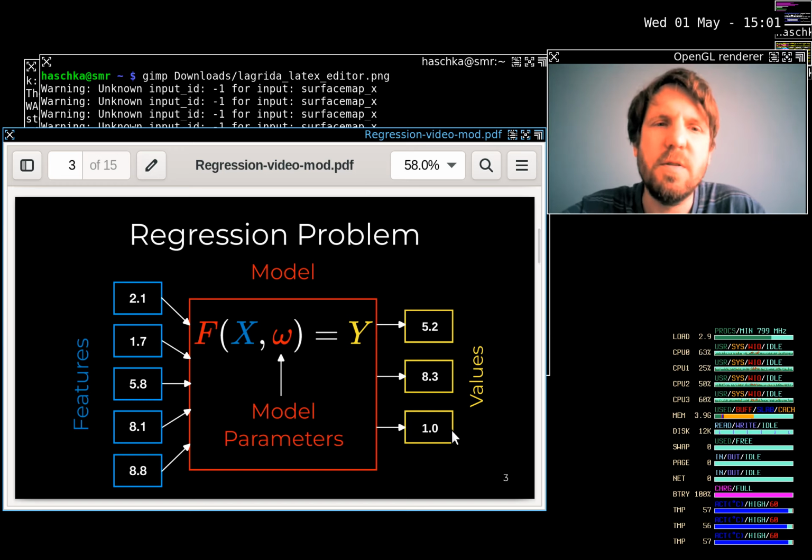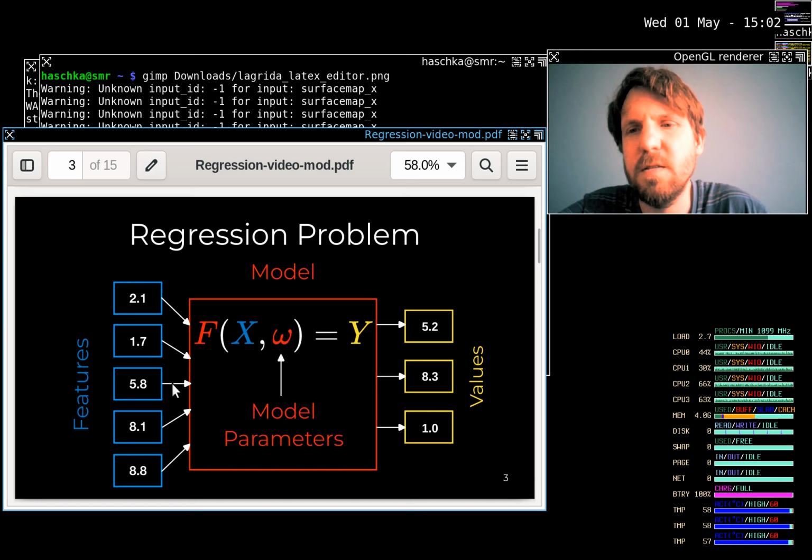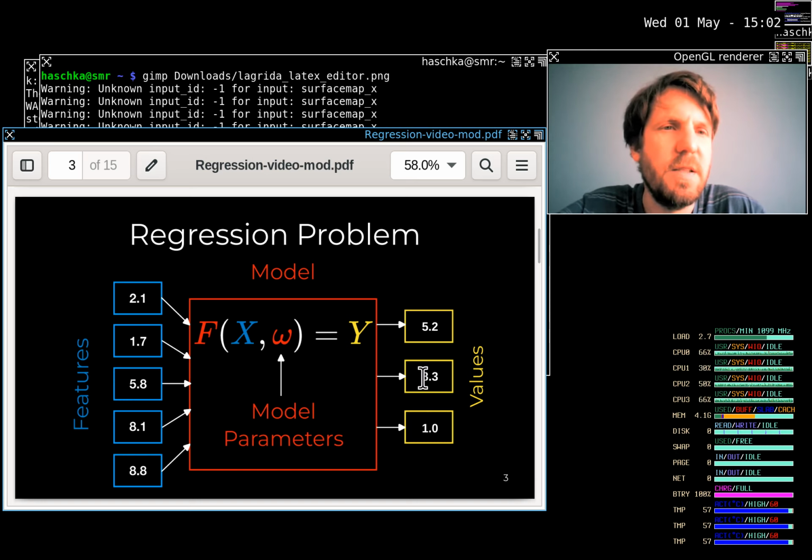Let's go into a two-dimensional case. Say I have a boat, and the size of the boat shall determine its price. I sample some boats and get some prices out, so this has only one feature and one value, a typical two-dimensional case.